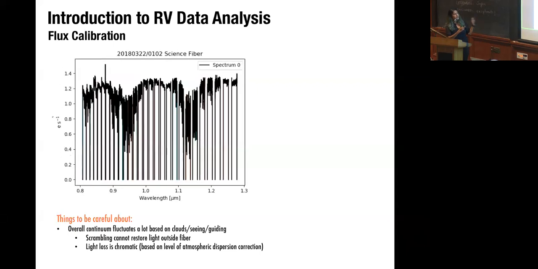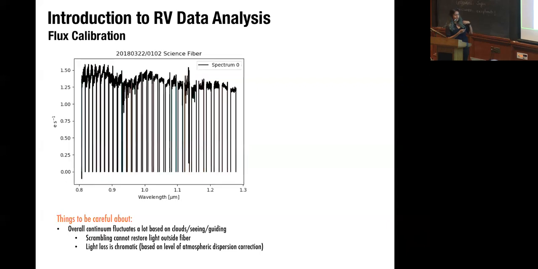This is some early data from the HPF commissioning run. This is actually Tabby's star. What you're seeing here is all of the extracted Echelle orders lined up, going from red here to blue here, and you can see the blue light dropping drastically from one observation to another. These are back-to-back observations.